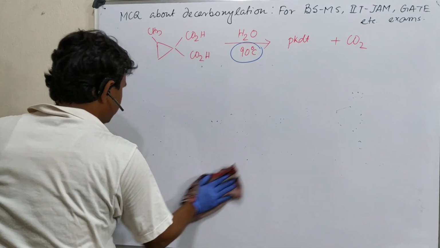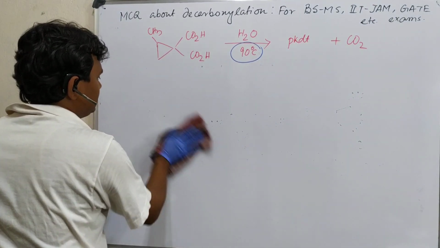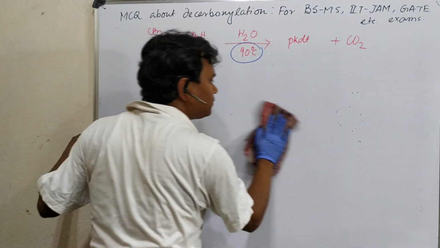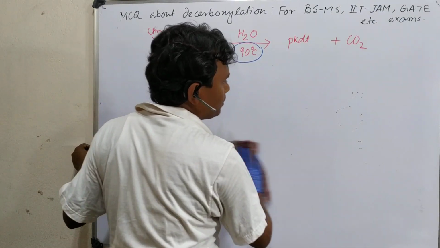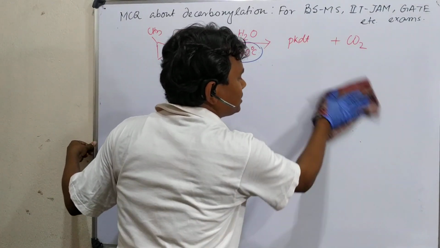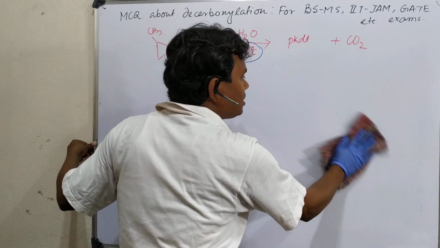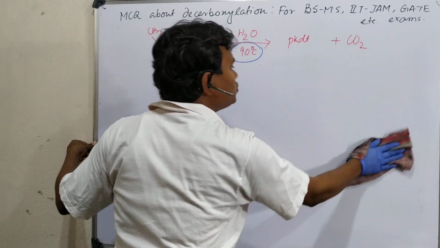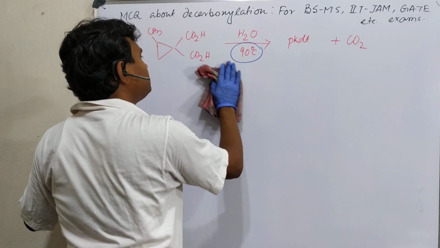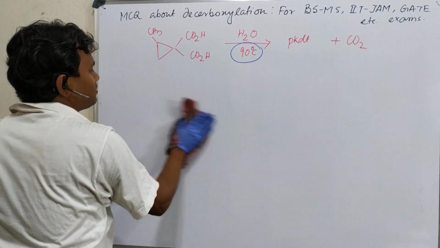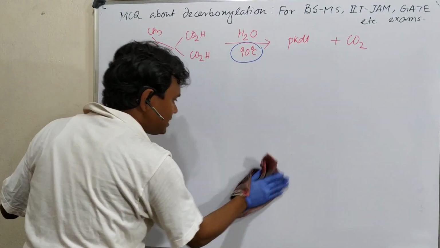Before going to details, I want to give you a hint: please be careful about cyclopropane or cyclobutane, mainly cyclopropane, because cyclopropane is a very unique molecule. Unique means it shows, in many cases, unusual properties. Why?